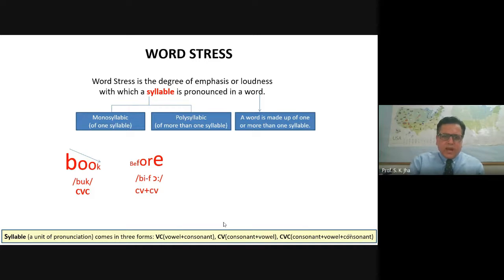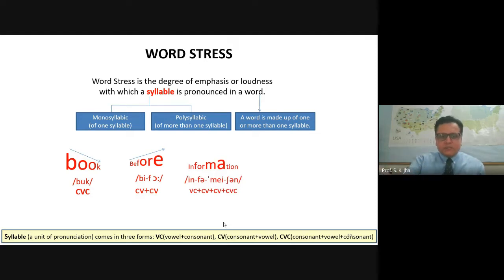Then you have, like, before. Why have I written it like this? Because you have two syllables here. One is CV, and again you have CV, before. So you have to put stress on for. We don't say before, we say before. But we will see why.